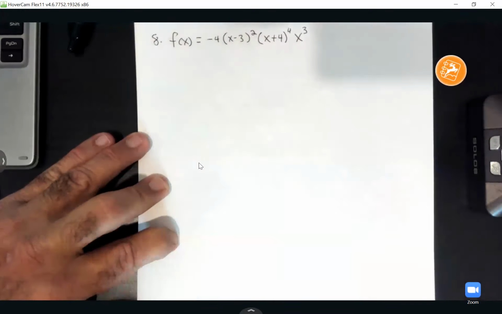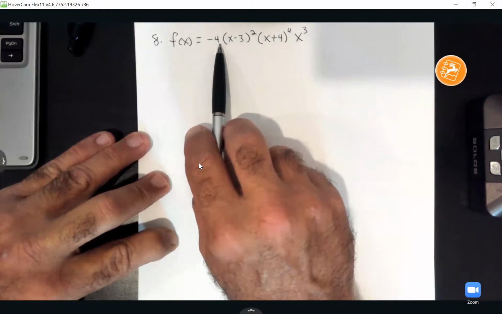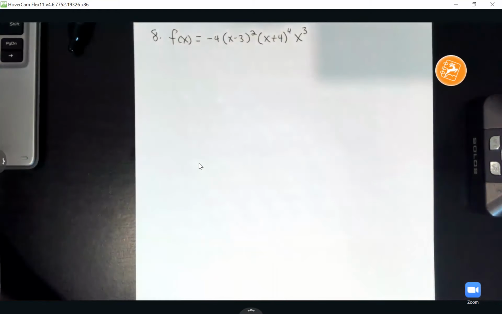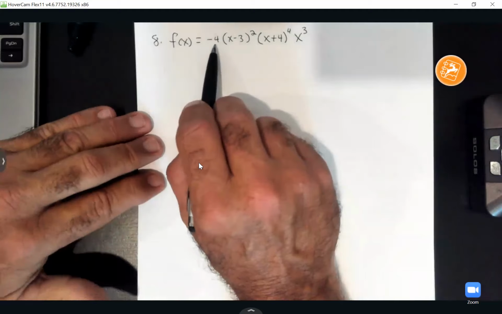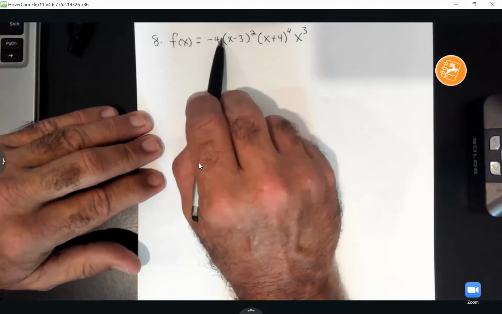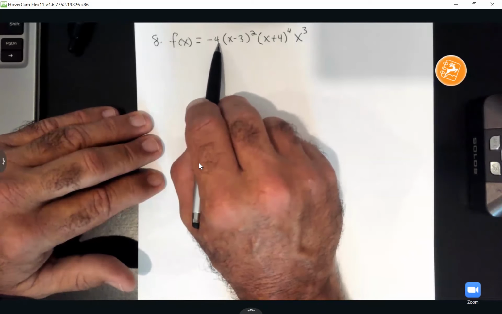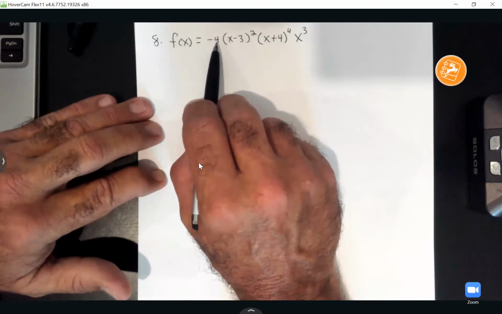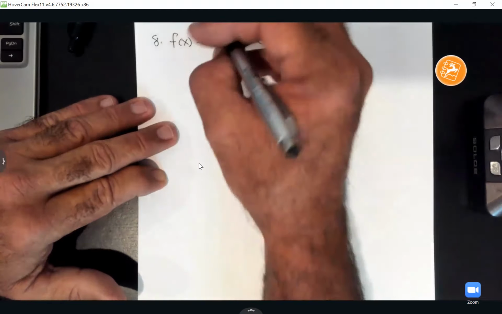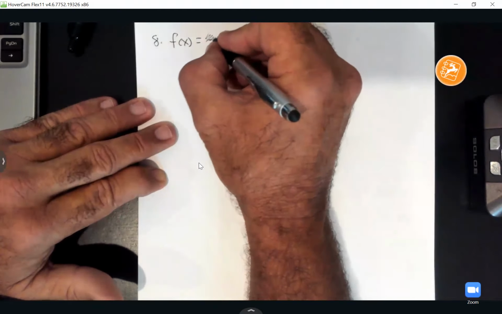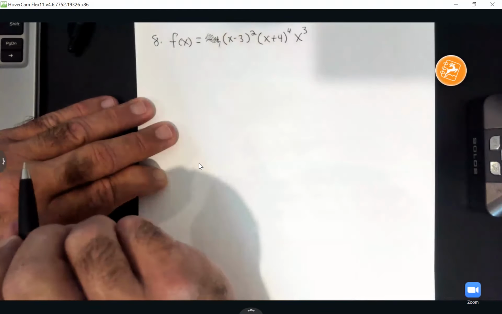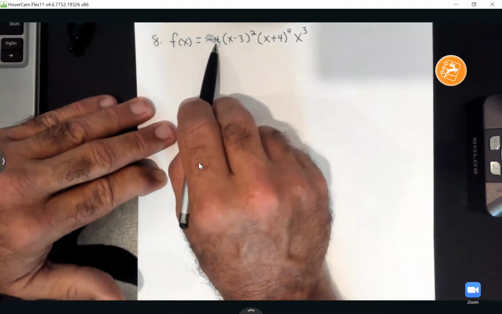Now, I've got my -4, but the -4 does not have a variable with it. So since it does not have a variable with it, it's not going to give me a zero. So you could basically scratch out that -4.